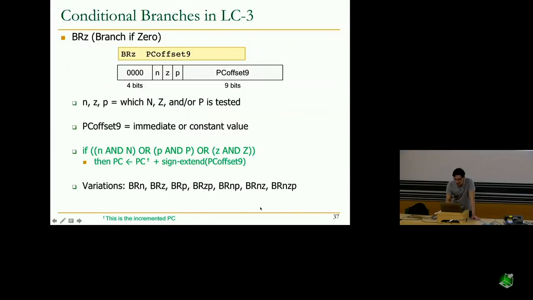As you can see here, there are many variations. We have N, if we only check this bit and the N condition code, or we could combine them, like for example NP. We would check this small n, this small p, and these condition codes, big N, big Z, and big P, etc.